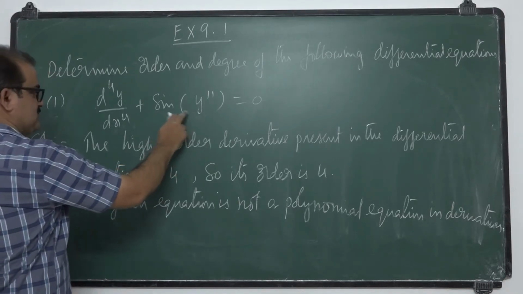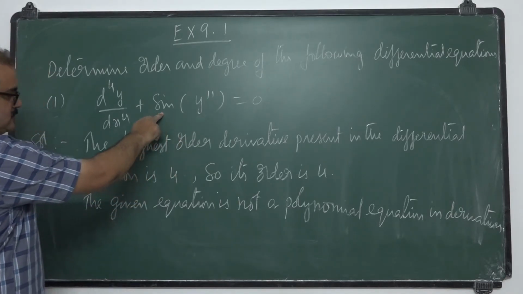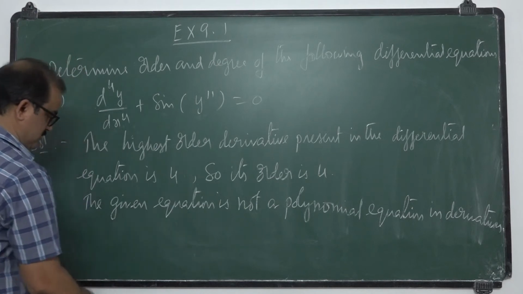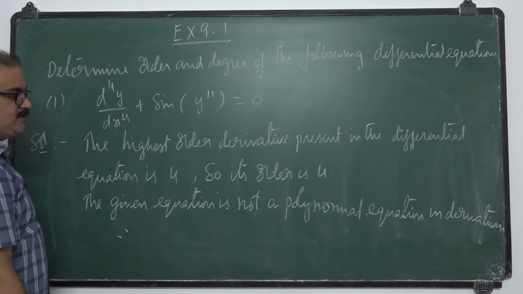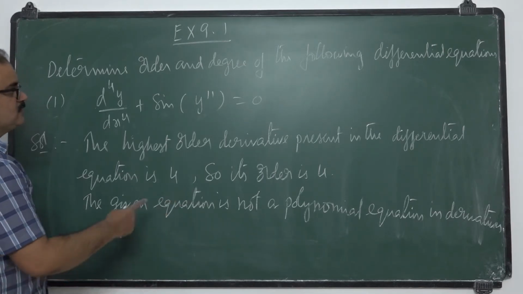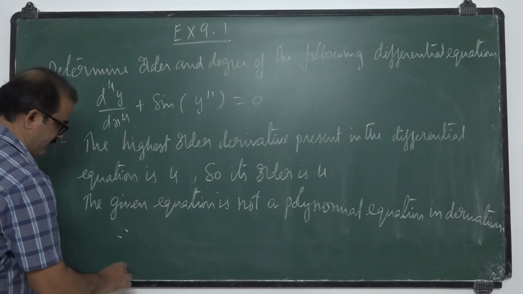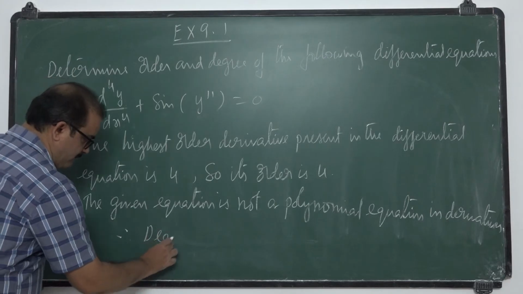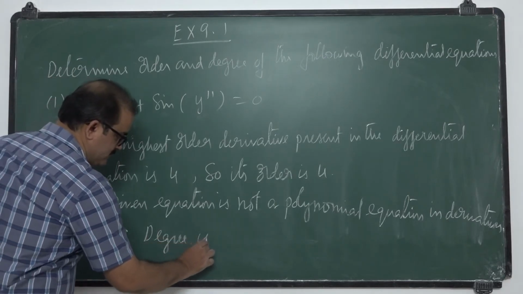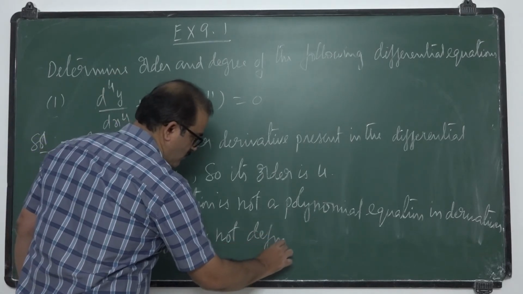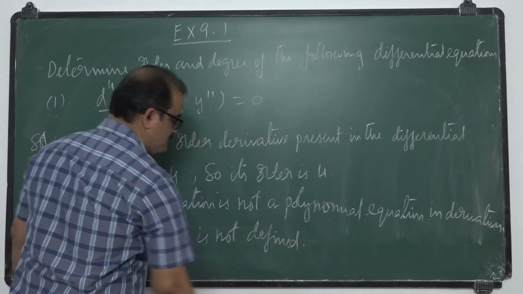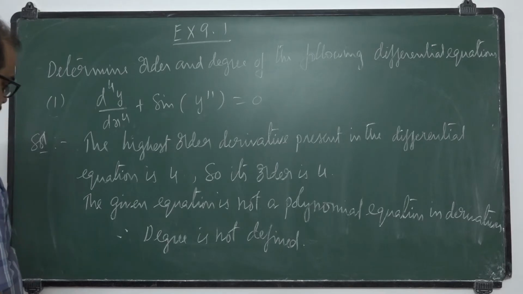Here it is present inside sine, so it is not a polynomial equation. Therefore, if the given equation is not a polynomial equation in derivatives, the degree is not defined. Therefore, degree is not defined.